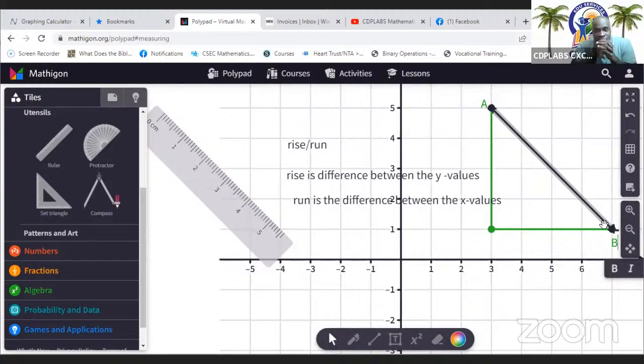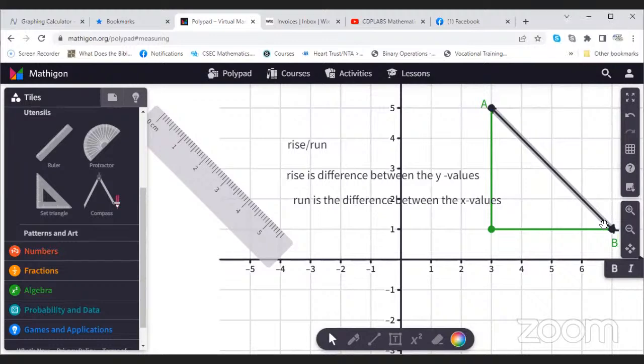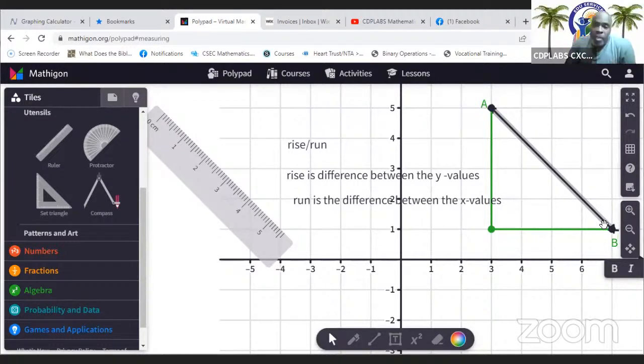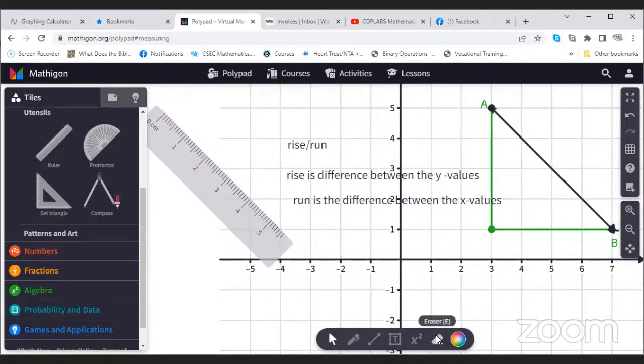Halfway along the line. How we find it is simple, ready? We're going to find the midpoint of AB now. You ready to find it now? Yeah. All right.